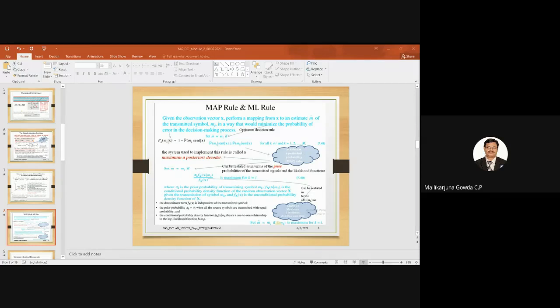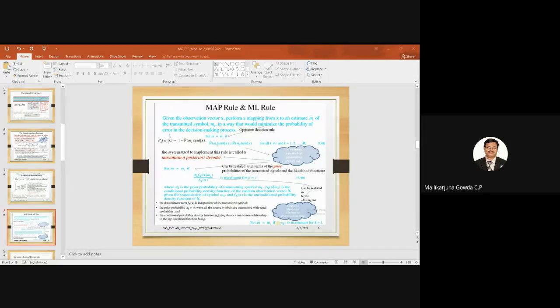The transmitted symbol is m suffix i, and I need to estimate that. That estimation is known as m cap. I estimate it from the received signal vector x, by minimizing the probability of error in the decision making process.